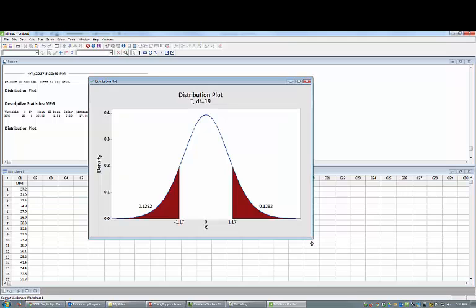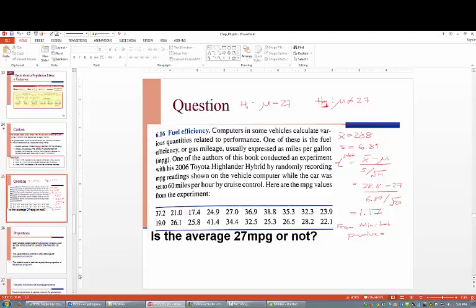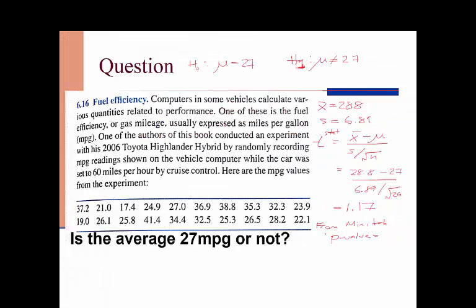Okay, so on each side you have 0.13. When we add them up, you get 0.26. So our p-value is then 0.26.